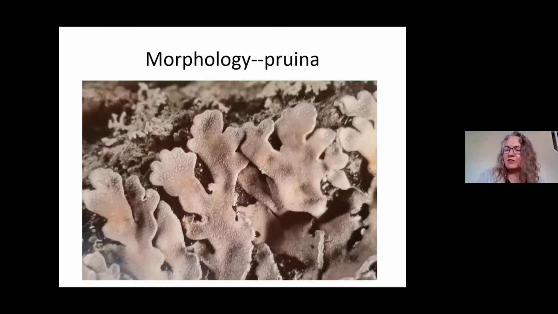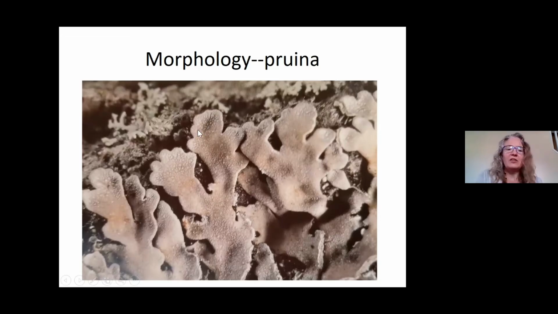You might be asked to look at the top structure, and my students are all relieved when we're looking not at the bottom, but at the top again, because it's easy to see. And it might ask you to look for pruina. So does the top look kind of frosty? I think frosty is a good explanation. So can you see my cursor?